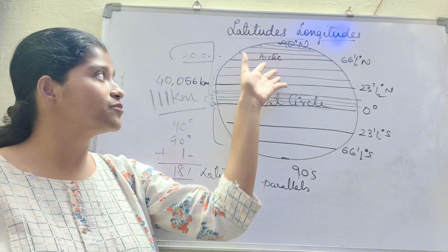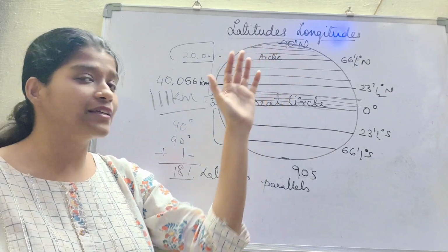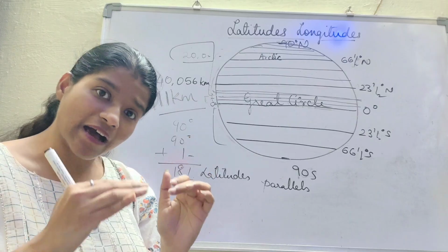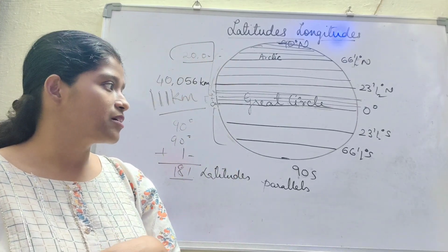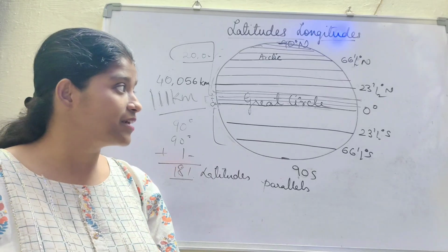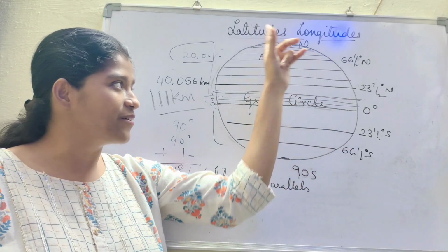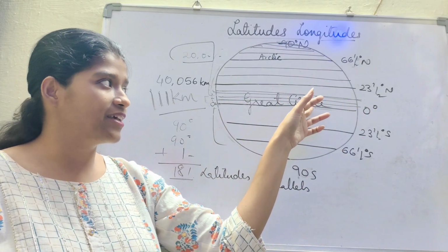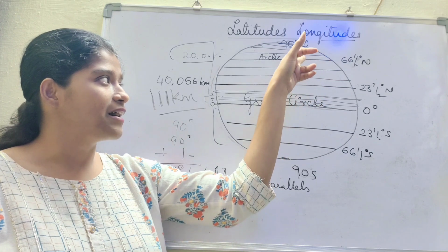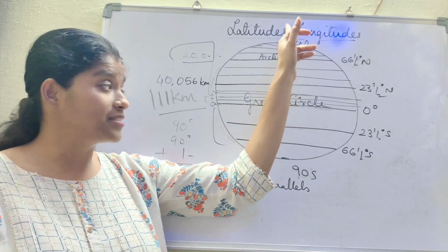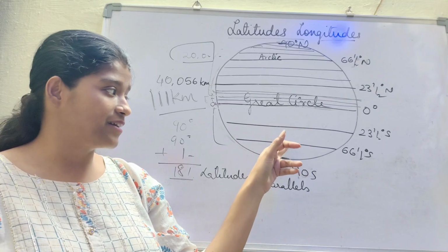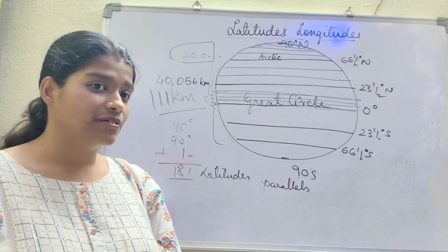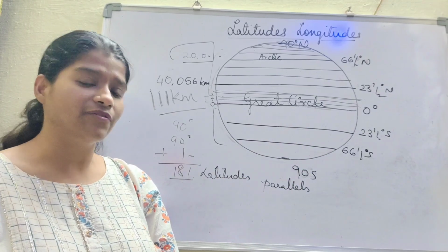But as we move upwards to the Arctic Circle, the length just becomes half. It is somewhere around 20,000. Okay, so remember, and one more important thing, these are the important lines of latitudes. 0 degree, equator, Tropic of Cancer, Arctic Circle, this is the North Pole, then this is Tropic of Capricorn, Antarctic Circle, and this is the South Pole. So these are the important lines of latitudes.